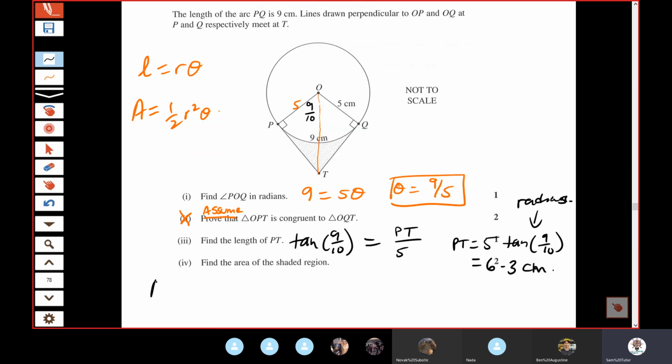Well, isn't it going to be the area of this whole kite-looking thing, which is just 2 triangles, minus the area of the sector? That's it. That's the math. So here we go. Half times base, 6.3, times height, 5, times 2, minus half, 5 squared, times 9 on 10. No wait, 9 on 5.